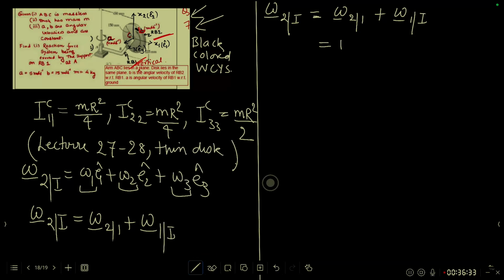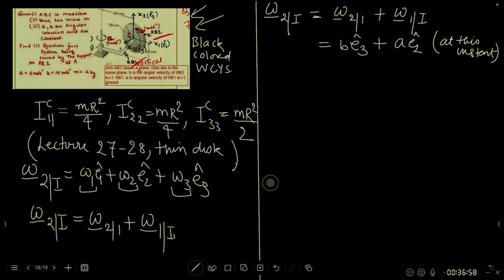It's A times E2 at this instant. And I am worried only about this instant. This problem is being solved at this shown instant only. Okay, so these are known quantities.